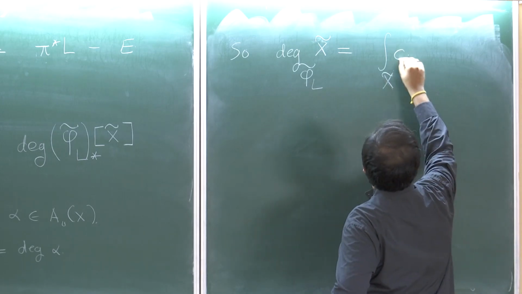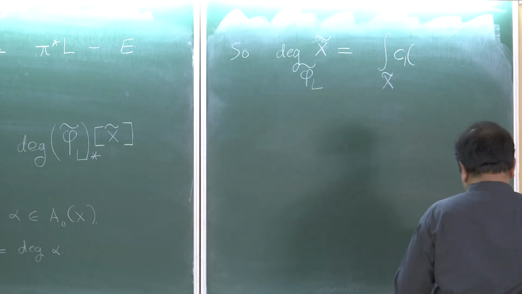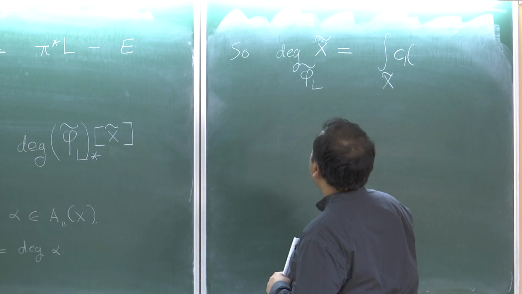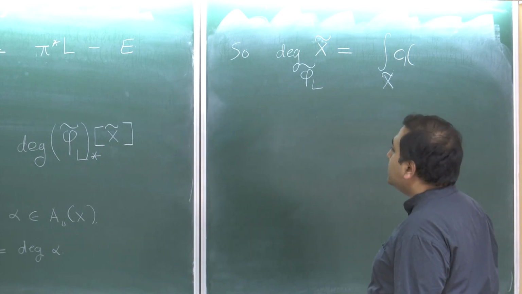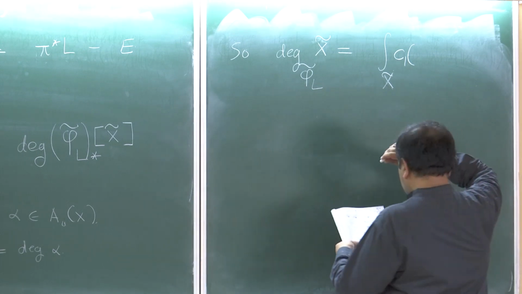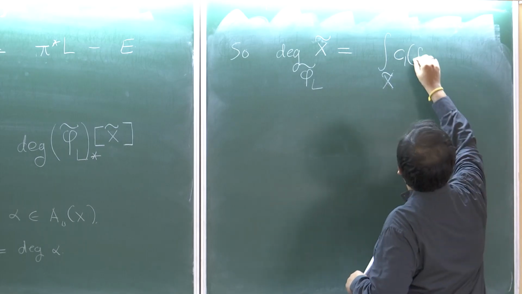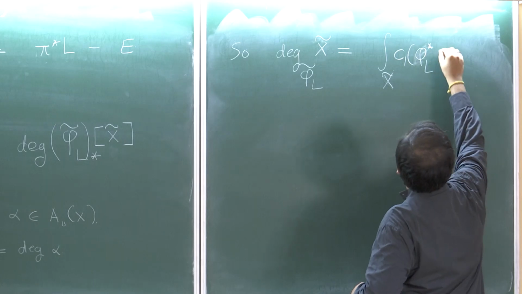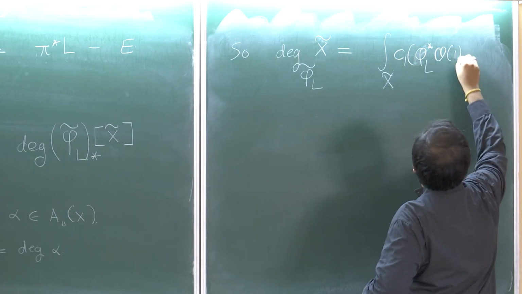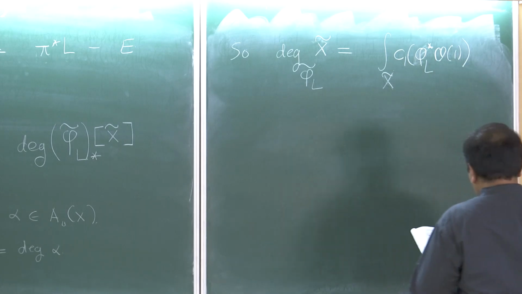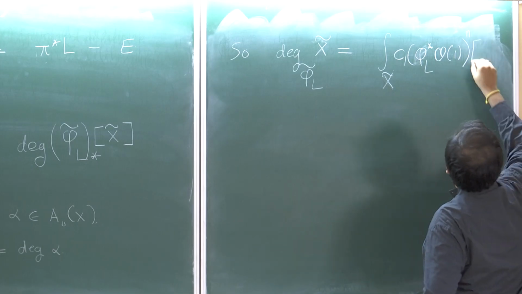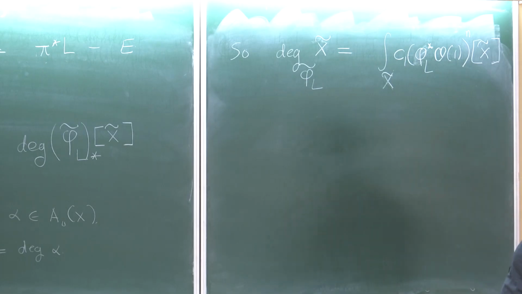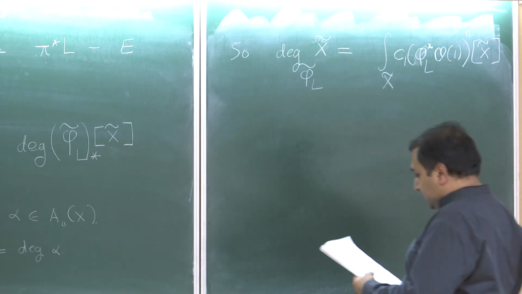of C1 of so basically what we are doing is we are looking at, okay, let me write this out. So this is equal to the integral of C1 of phi upper star of O1 to the n of x tilde. Okay, so this is what we want to calculate.